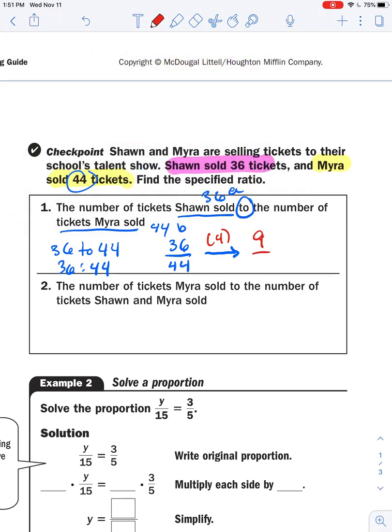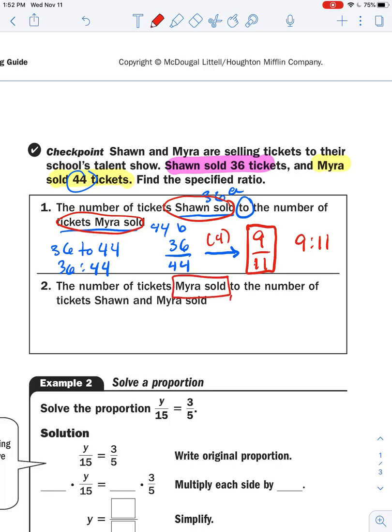But what'll happen is 4 goes into 36 9 times, and 4 goes into 44 11 times. So you would have a 9 to 11 ratio, 9 to 11. So what that means is for every 9 tickets Sean sells, Myra sells 11. So it's just a comparison or a ratio.